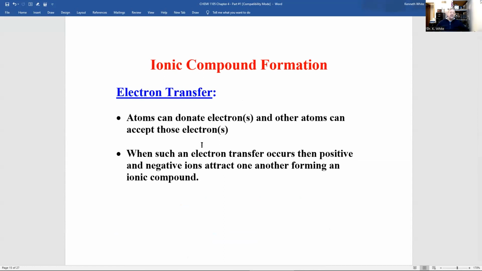And what that means is atoms can donate, give, and other atoms can accept all of those electrons that are being transferred. When such an electron transfer occurs, positive and negative ions are formed and they attract each other. It's called Coulombic attraction.